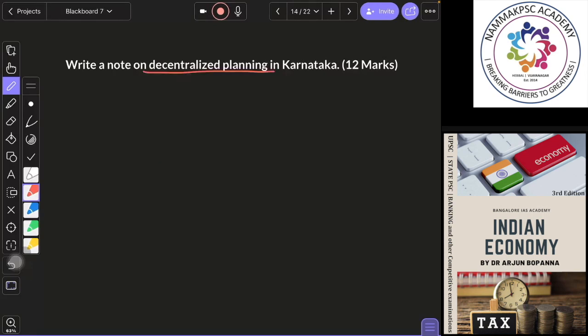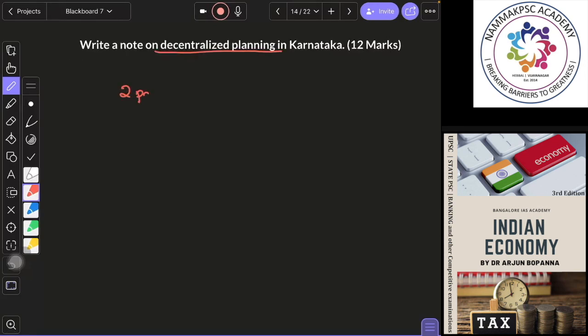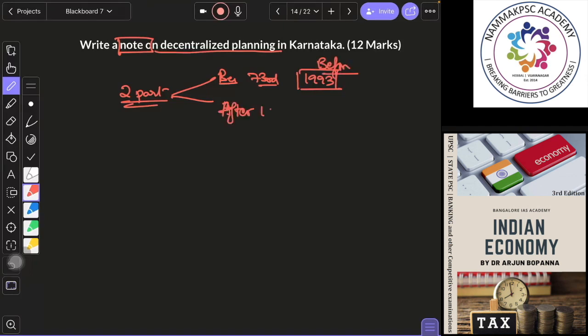Here there are two parts. When you are writing the note on decentralized planning, one is before the 73rd amendment and enactment of the Karnataka Panchayati Raj Act in 1993, and then after 1993.